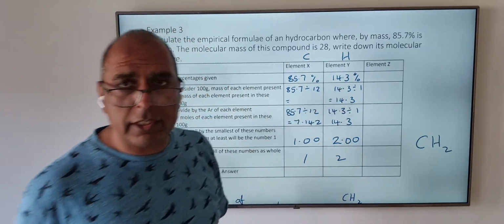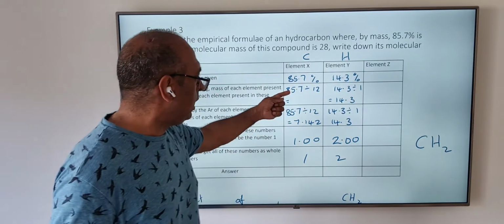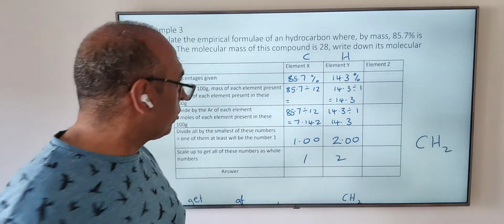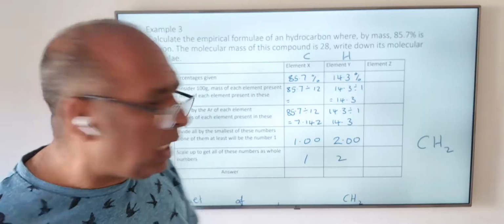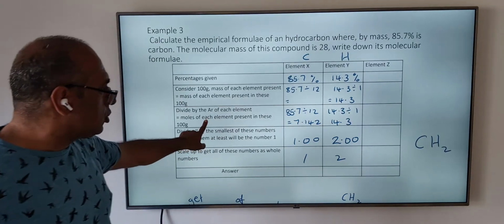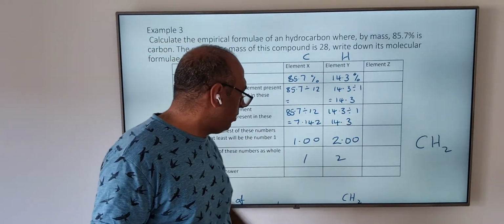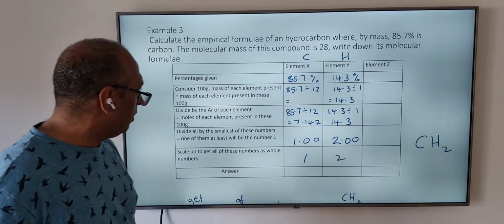These are the percentages. Next step, consider 100 grams: 85.7 grams and 14.3 grams. Divide by their atomic masses. You divide by 12 and divide by 1. You get 7.142 and 14.3.